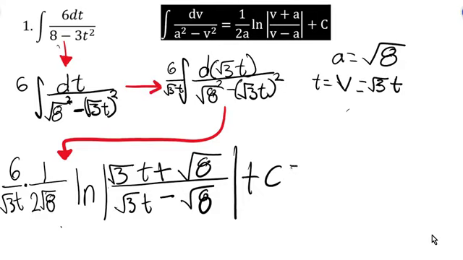Now all this is going to give us this pretty simple multiplication over here, which we know that if we multiply all this, it's going to give us 3 times 8, 24 times 2, 48. So let's just multiply. 6 times 1 is 6, and then the square root of 3 times t multiplying 2 times the square root of 8.